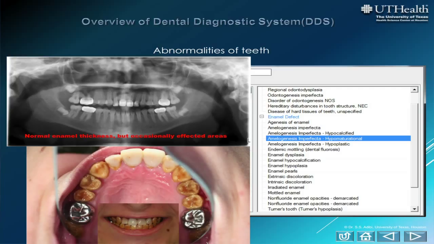This 19 years old female patient presented to our clinic with chief complaint of "I need crowns." Normal enamel thickness, but occasionally affected area evident. After evaluation of a patient's past and present medical and dental history, a diagnosis of amelogenesis imperfecta determined.